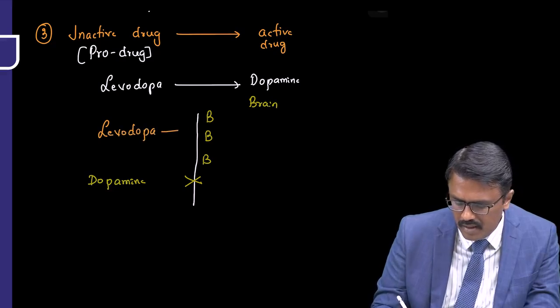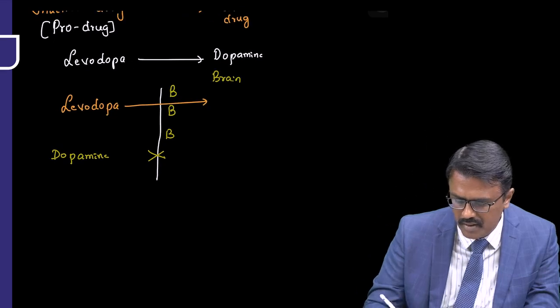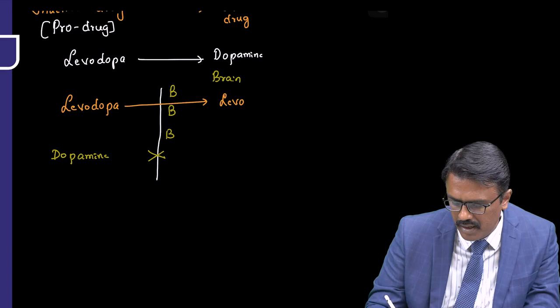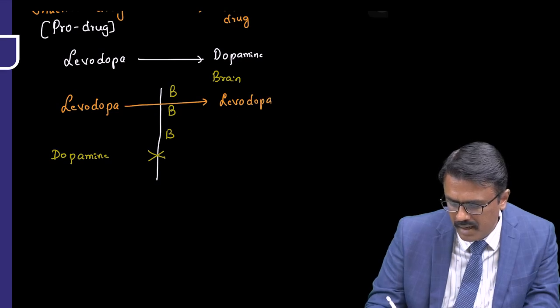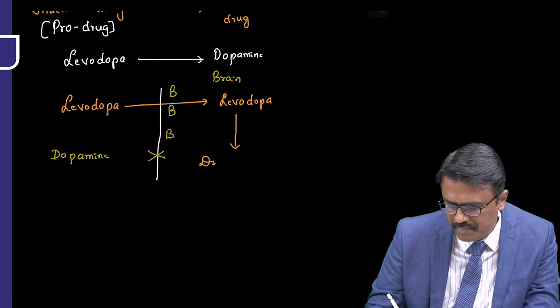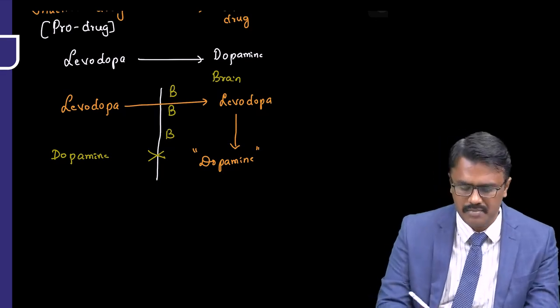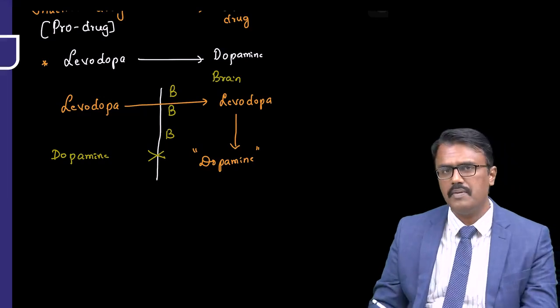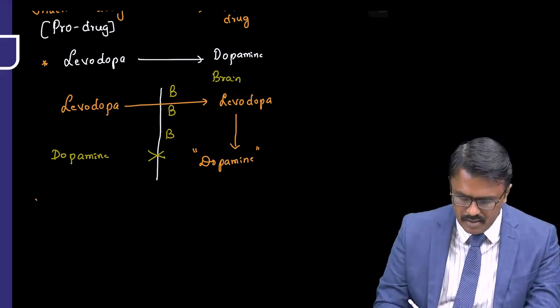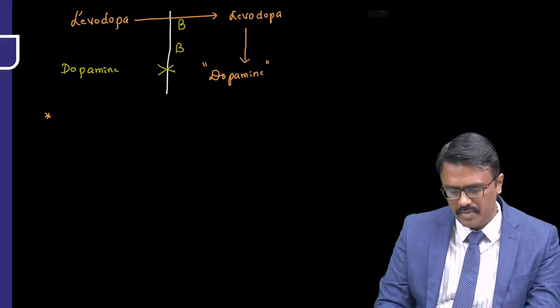Now levodopa can cross the blood-brain barrier, and inside it becomes dopamine. So to deliver a drug like this, we have to give prodrugs. One advantage we have. Yes, the example is levodopa becoming dopamine. The second importance of prodrugs, I will give an example. There is an antibiotic called clindamycin. Clindamycin has a very bad taste.